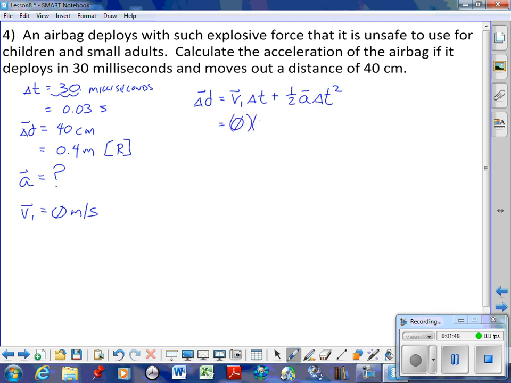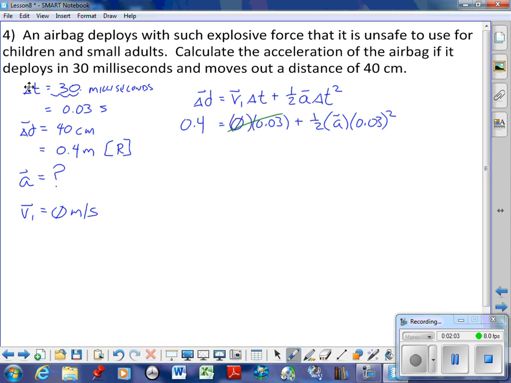Subbing in what I know, 0 times the 0.03 plus 1/2 acceleration, which is what we're looking for, and 0.03 squared, and we know that this is 0.4. Multiplying by 0, I always like when V1's 0, makes the math a little bit easier.